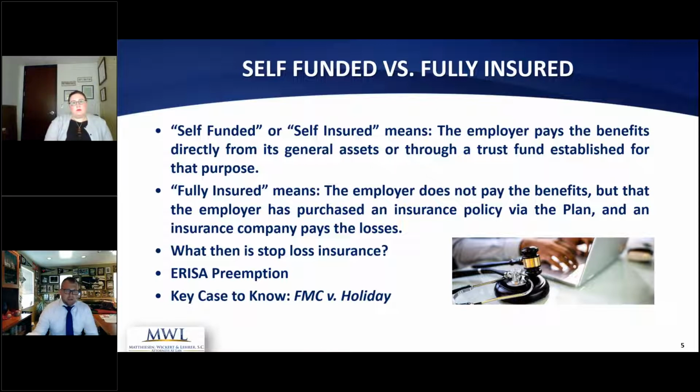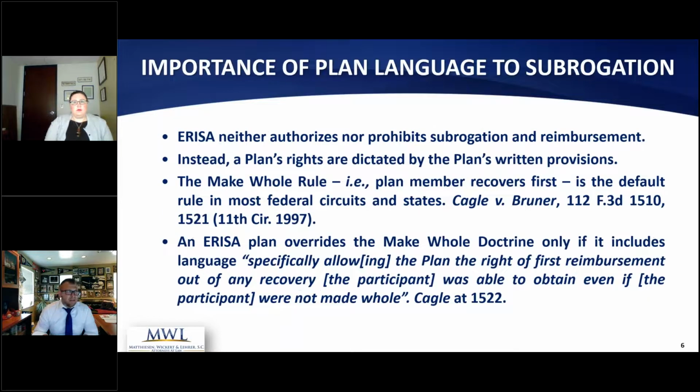And then finally, I want to turn to the last fundamental principle that you're going to be pulling out of your plan documents: the importance of plan language to subrogation. Really, plan language is paramount.